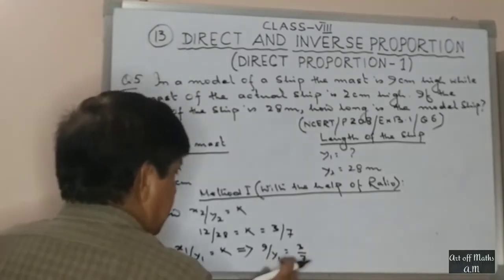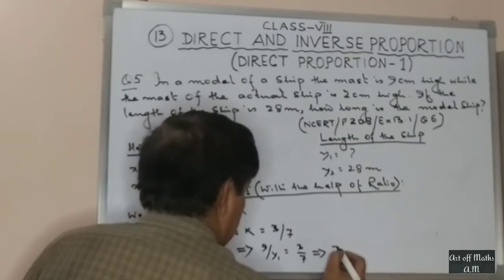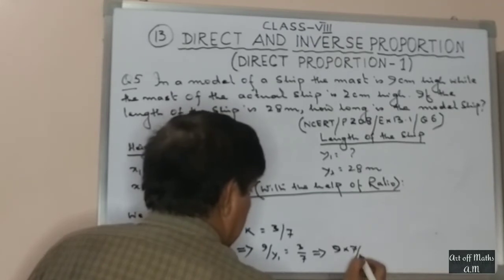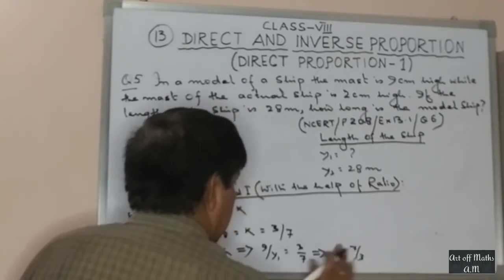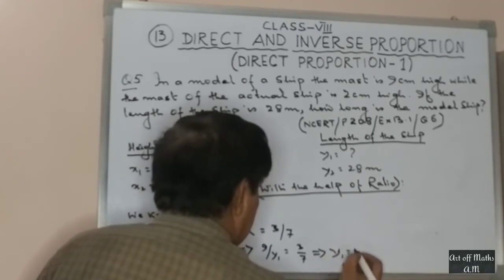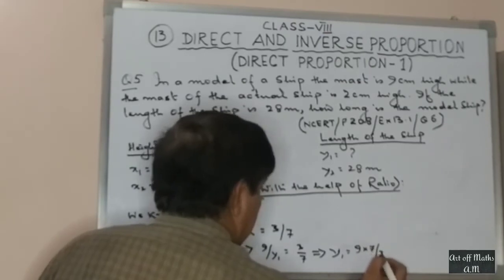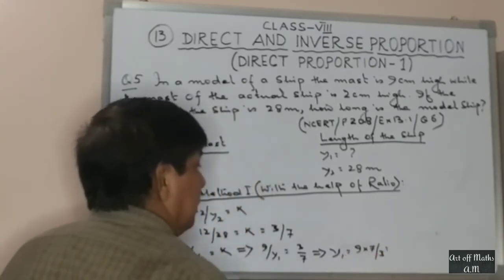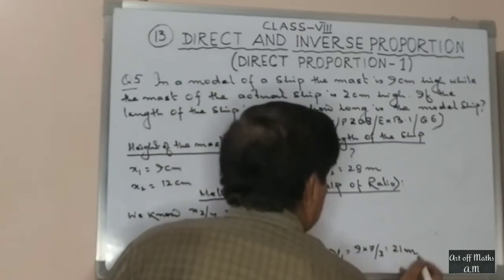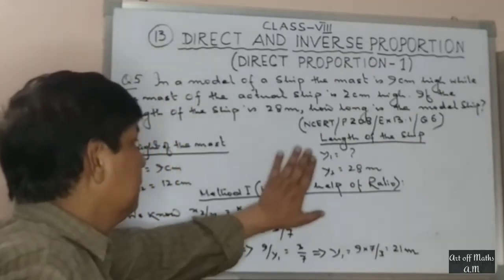Now 9 into 7 divided by 3, or we can write y1 equal to 9 into 7 divided by 3, that means 21 meter. It should be 21 meter.